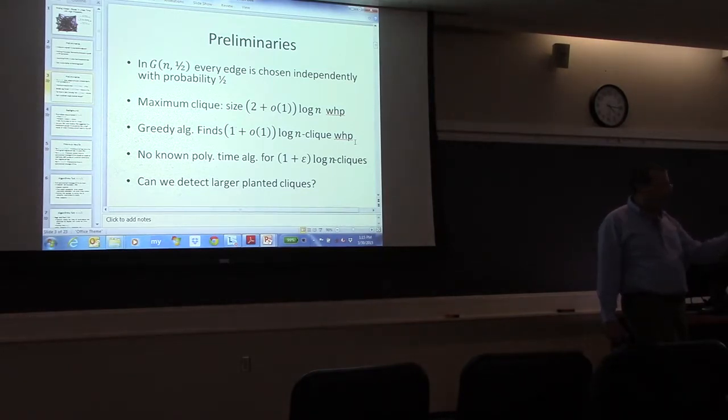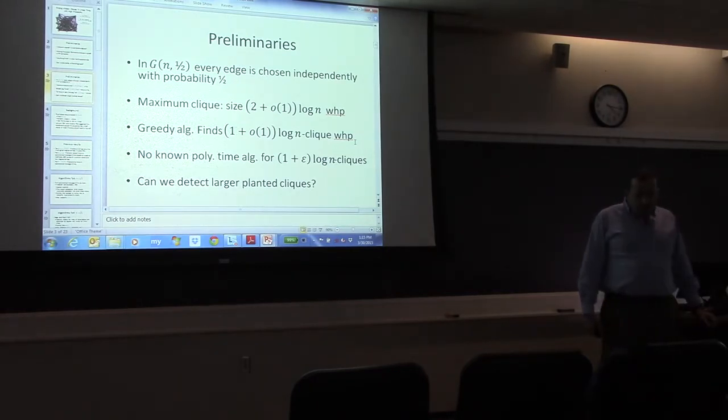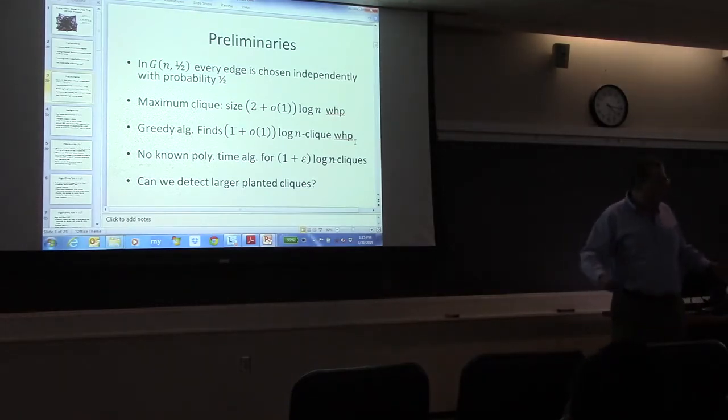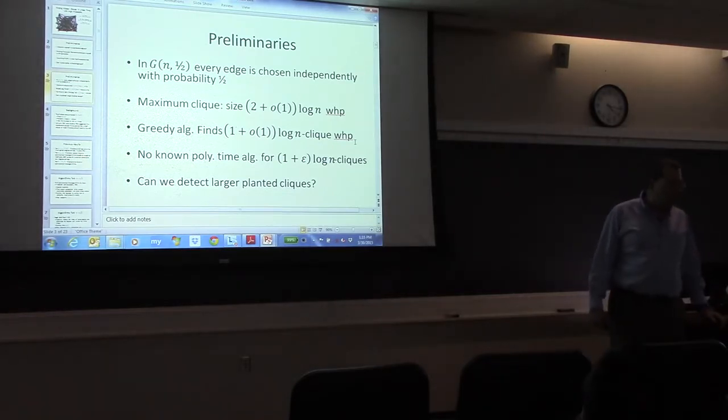We have k choose 2 edges, so we just have 2 to the minus k choose 2, the chance this set is a clique. So I can count the expected number of cliques, n choose k times this 2 to the minus k choose 2. And then in order to see a clique of size k, this expectation had better be bigger than 1, otherwise I'm not going to see such a clique.